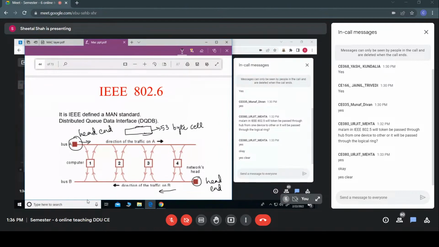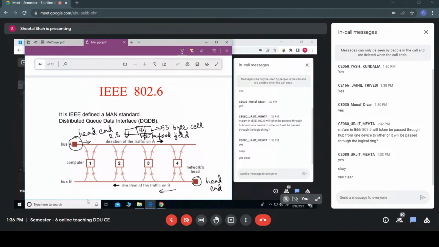Follow? Now in this 53 byte cell, there would be a 44 byte payload field. Among this 53 bytes, 44 bytes would be the payload field, and there are two bits apart from this payload field in the header. One is known as the request bit, the other one is known as the busy bit. So the head end would generate a 53 byte cell.